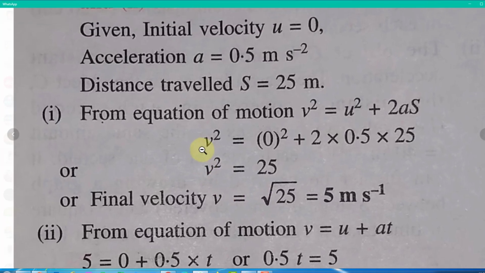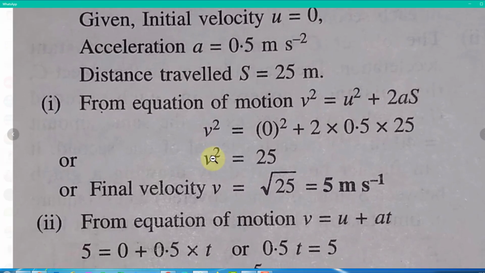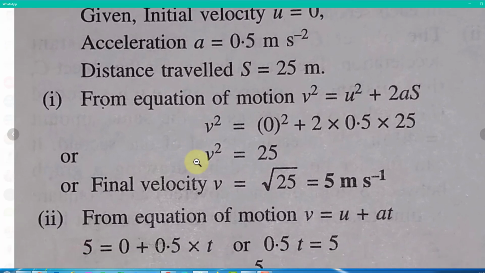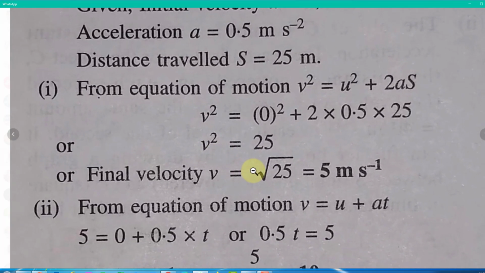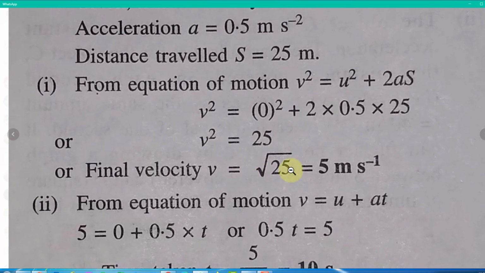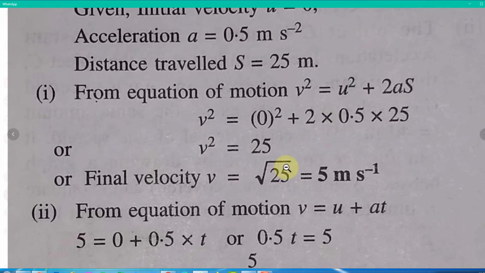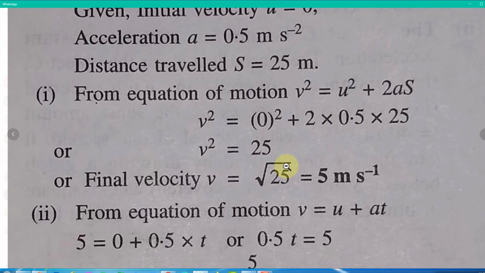We know already, when you remove the square on one side, on the other side you have to give square root. So square root of 25 is 5. So final velocity is 5 meter per second. Clear? Very easy, directly on the formula.